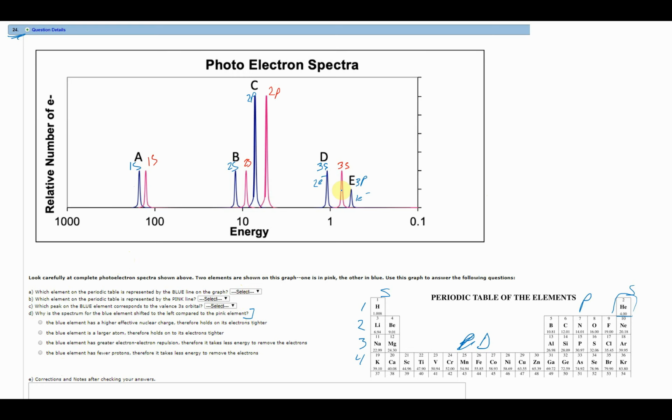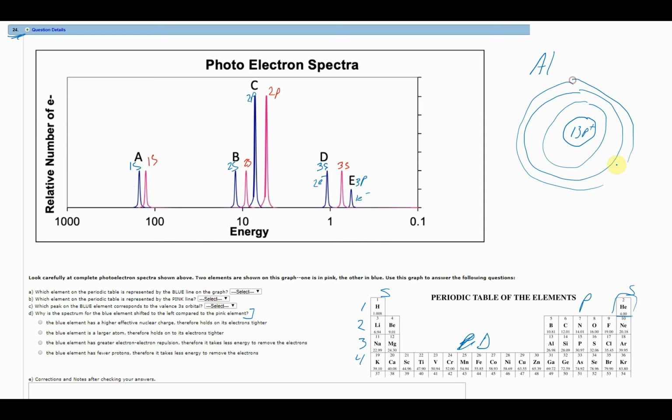If we've decided that we have aluminum, and aluminum's peaks are more to the left, well, think about what the Bohr model of aluminum looks like. So here's aluminum, and it has a nucleus, and in the nucleus of aluminum there are 13 protons, which I got from the atomic number. And you can see that it has these rings of electrons, right? There's the first ring, the second ring, and it even has a third ring.